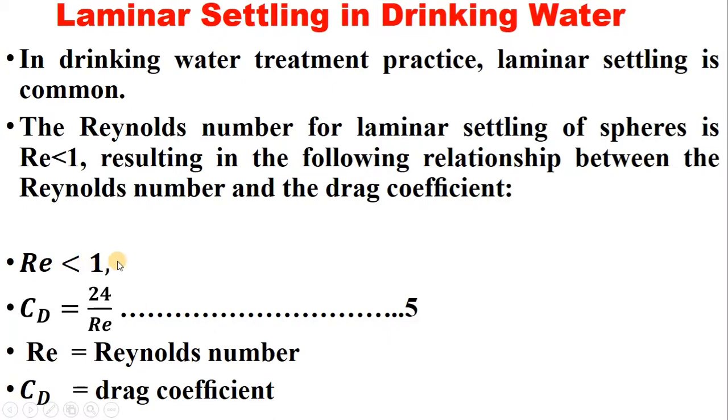If the Reynolds number is less than 1, the drag coefficient is equal to 24 over the Reynolds number, where R is the Reynolds number and C is the drag coefficient.